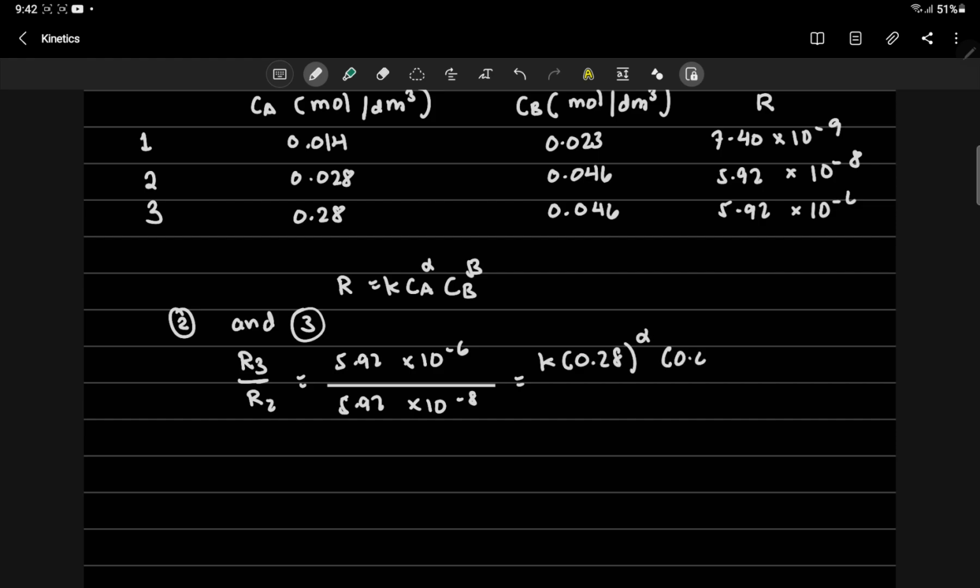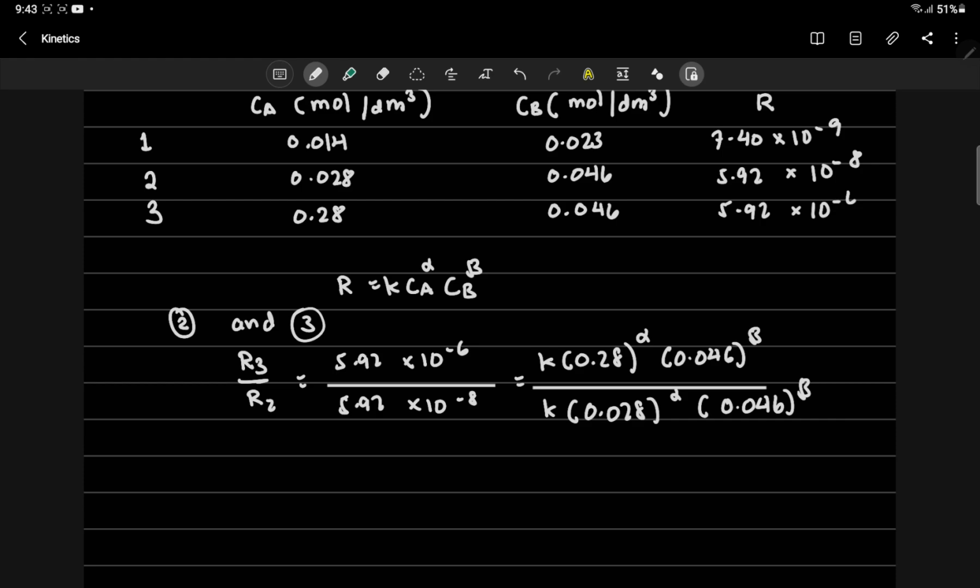And then we have 0.046, which is the concentration of B raised to beta. Divided by, now let's consider next R2. Sorry, it should be 0.28 and 0.046, so that's all good. Now for R2, we have K times 0.028 this time, raised to alpha. And then the concentration of B is 0.046, raised to beta.